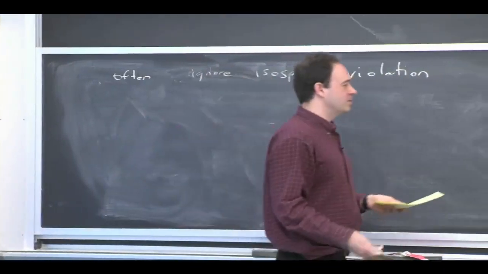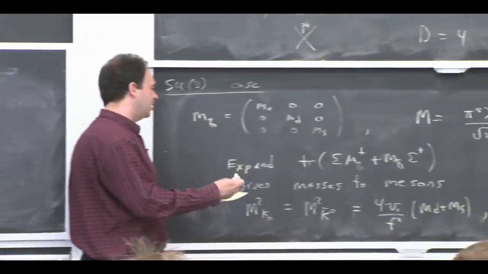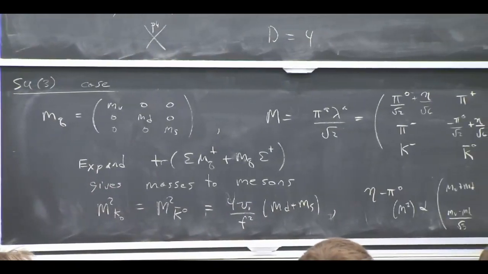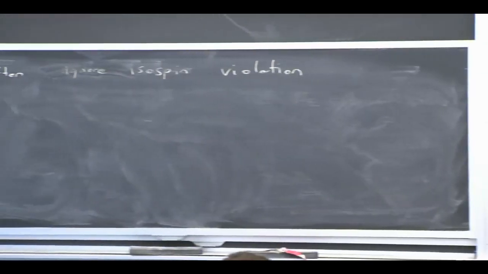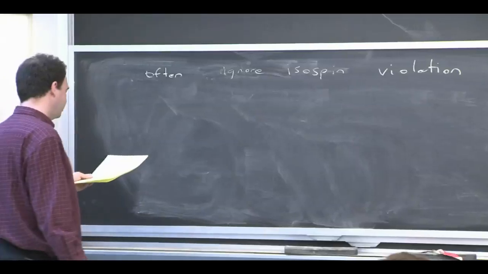Basically, because there's a hierarchy between the strange quark mass and the down and the up, you want to focus on places where you get the largest corrections. And one way of making an approximation that allows you to do that is to ignore isospin and take mu equal to md.